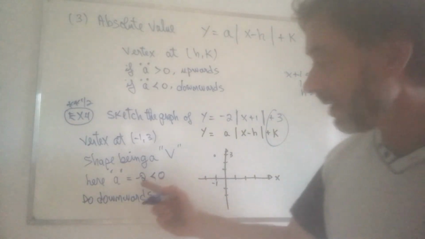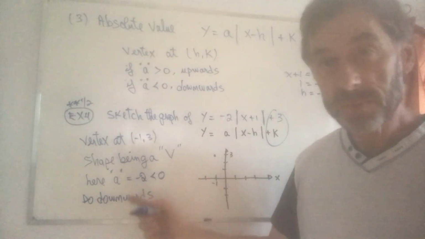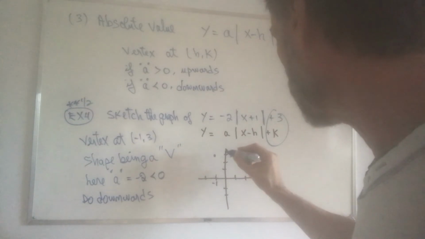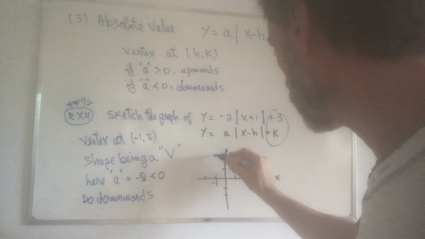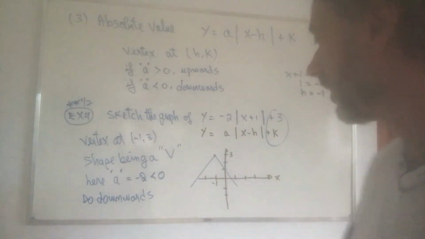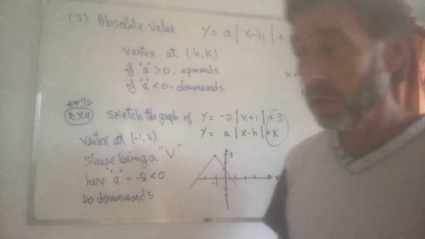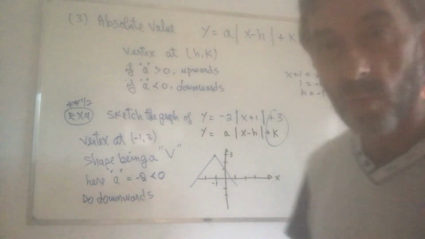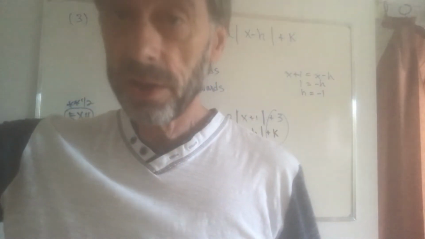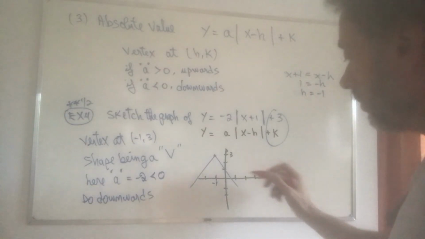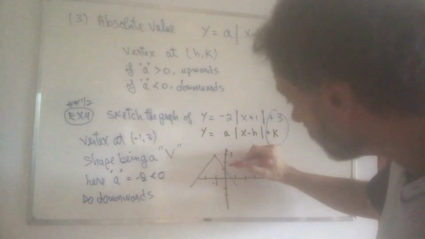So, since I am oriented downwards because my A is negative, we are actually going to go like this, and then something like that. Again, I could make this more precise if I want to. If they ask you for a very precise graph, give them something more, maybe the x-intercept or the y-intercept.